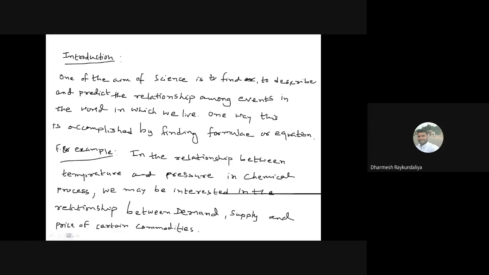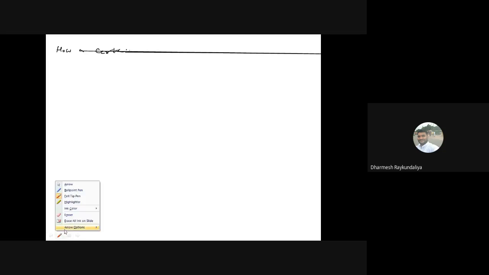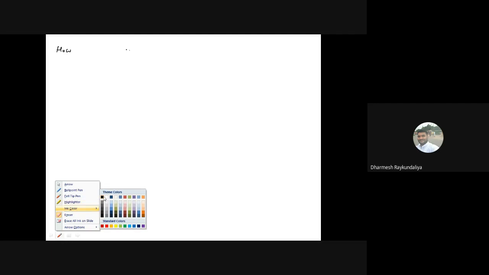One more example, you can say how a certain vaccine affects a disease.